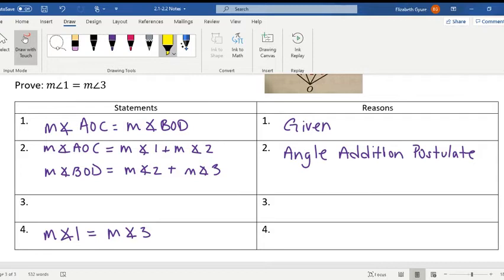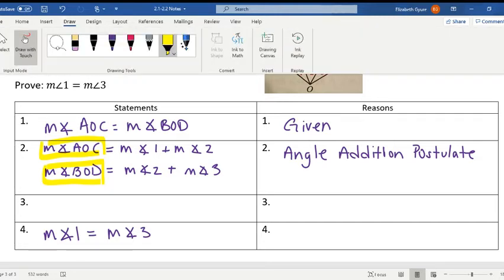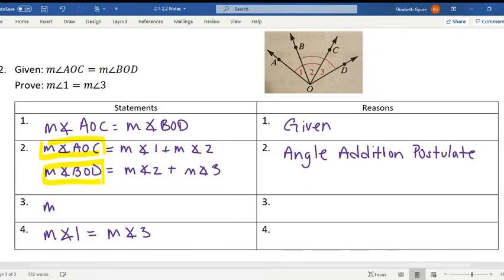So then we're going to set their smaller parts equal as well. So the measure of angle 1 plus the measure of angle 2 equals the measure of angle 2 plus the measure of angle 3. And what allowed us to do that was the substitution property.